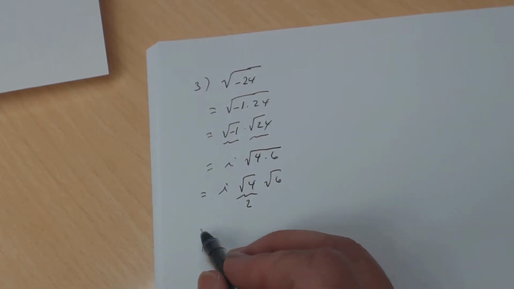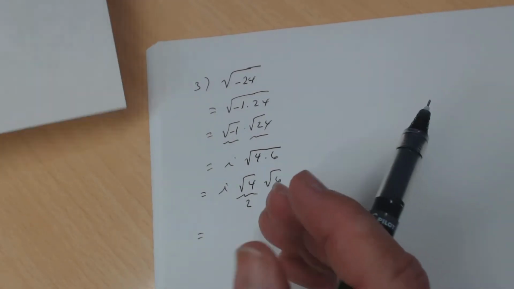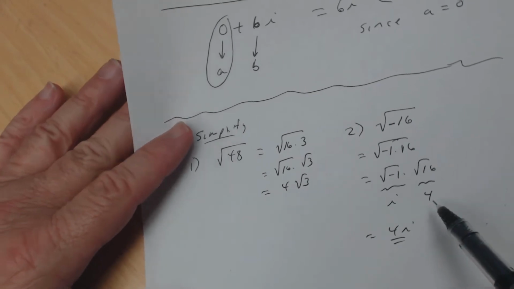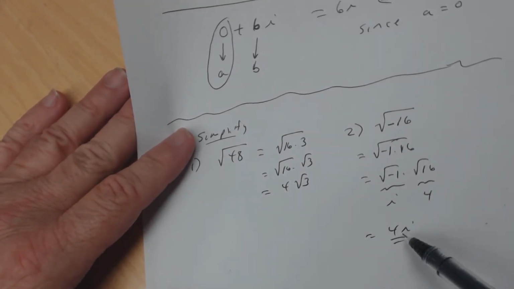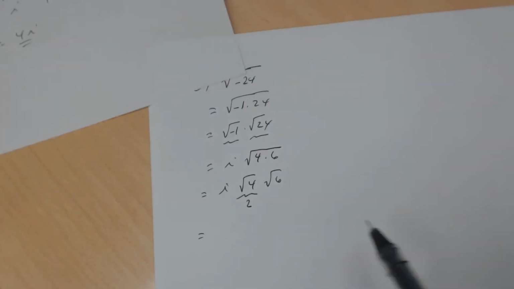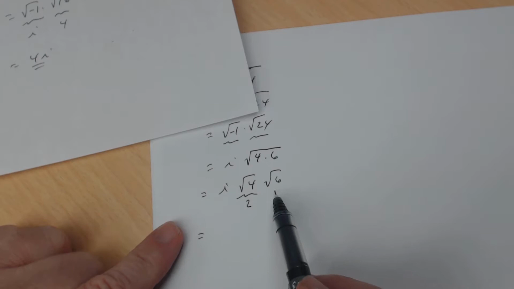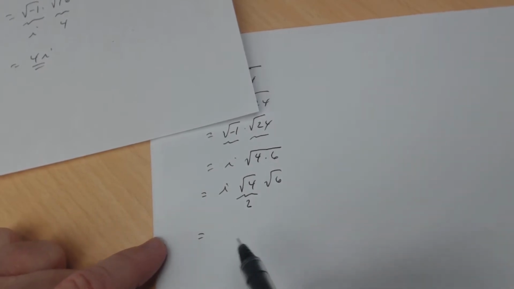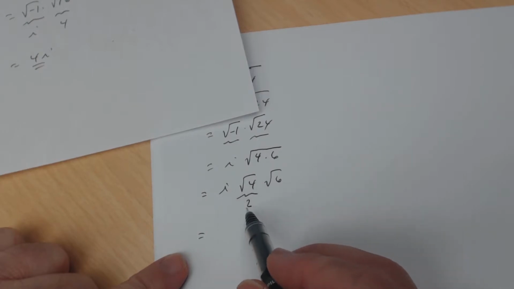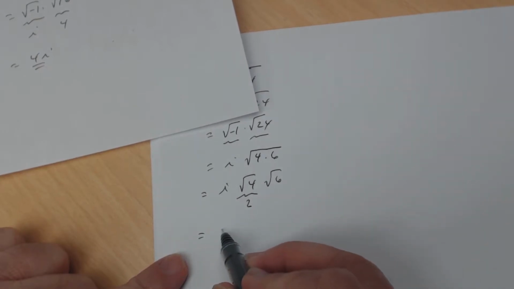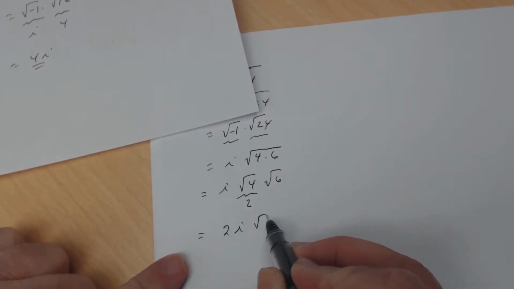Now, here's how we write it. Remember, if you just have i times a whole number, then we tend to put the whole number in front. Here we have i times a whole number times a square root. So the way we write it is this. We put the i between 2 and the square root of 6. So we'll say 2i square root of 6.